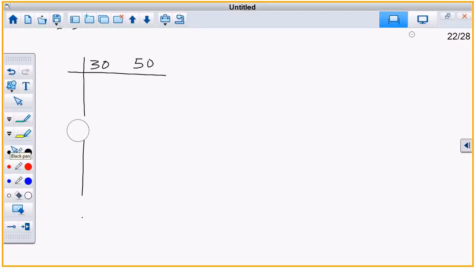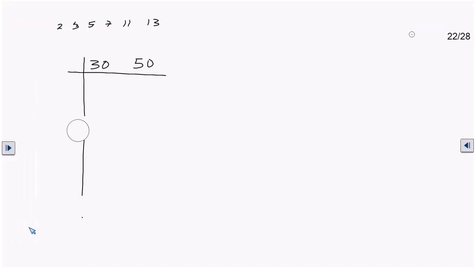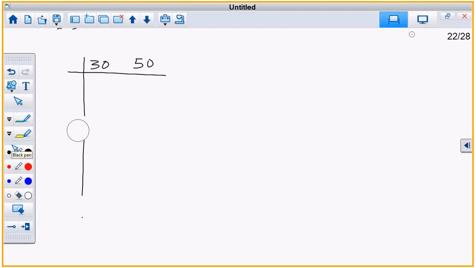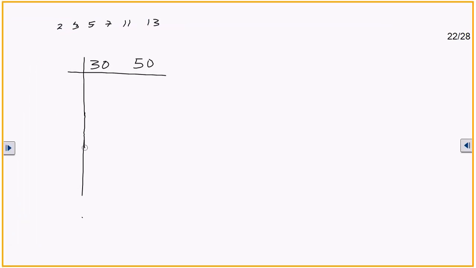Pause the video and work it out while I try to get rid of this eraser that comes up every now and then. Pause the video and work out this problem. Find the least common multiple and the greatest common divisor.